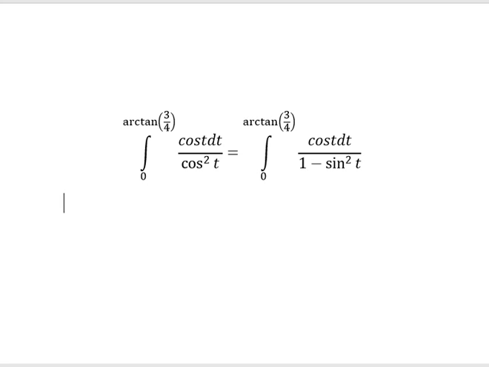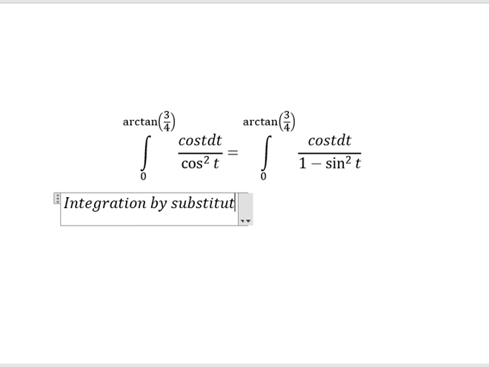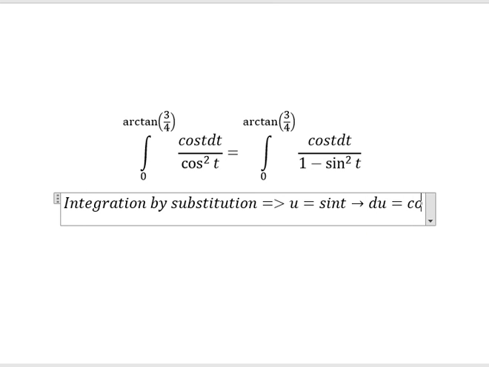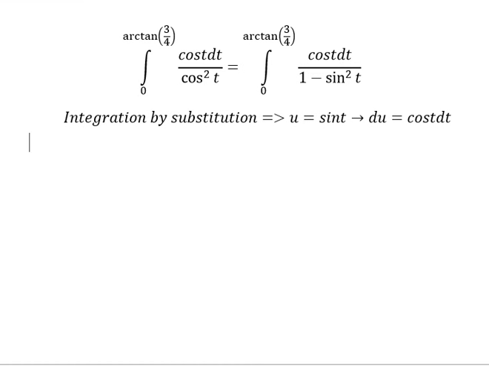And now we can do integration by substitution. So we take u equal to sine t, du equals cosine t dt. And now we change the limits 0 and arctan 3/4.